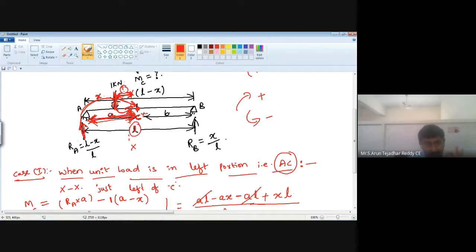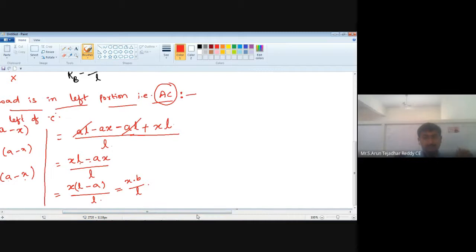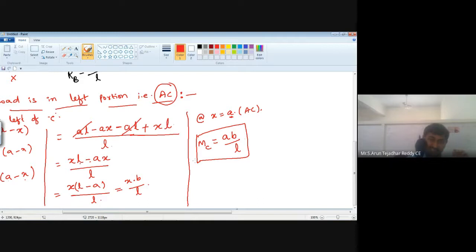The distance of A to C is A. So at X equal to A, our distance is A, from A to C. In place of X, substitute the A value, then we'll get our moment at C, that is AB by L. This is our entire left portion, that is A to C.